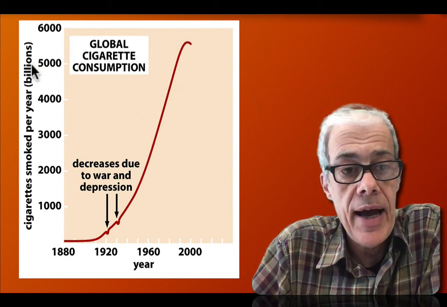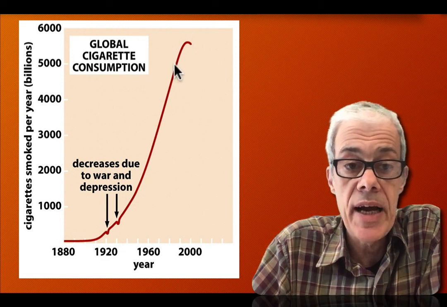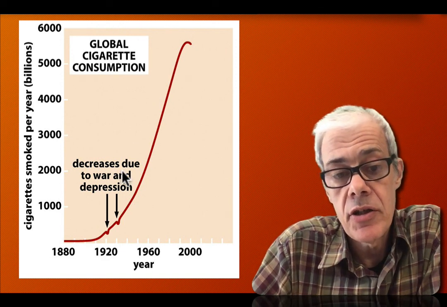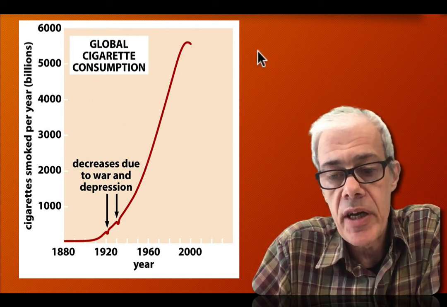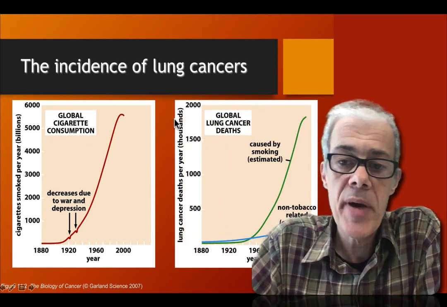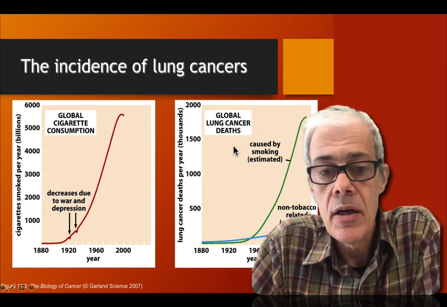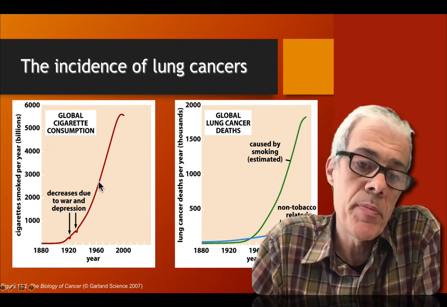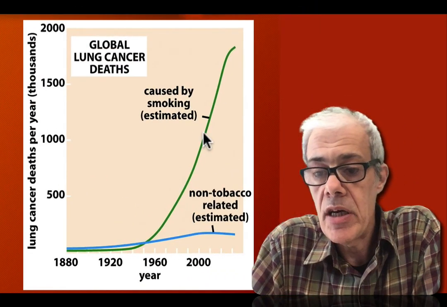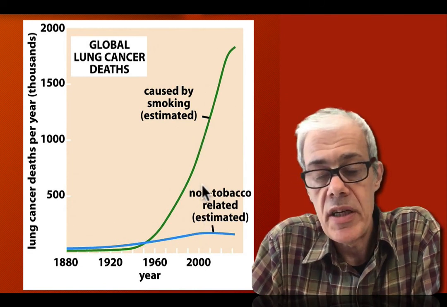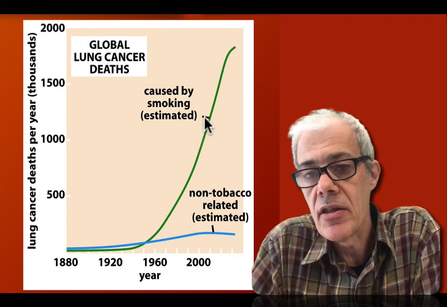So we're looking at 5,000 billion cigarettes being consumed annually within this time period here. This graph shows the increase in cigarette smoking globally, and this parallels global lung cancer deaths. If the midpoint of the peak here is, I don't know, 1960, 1970, the midpoint here is some 20 years later, so some decades later you've got a parallel increase in the rates of lung cancer.